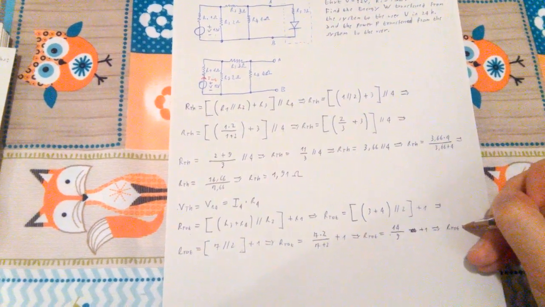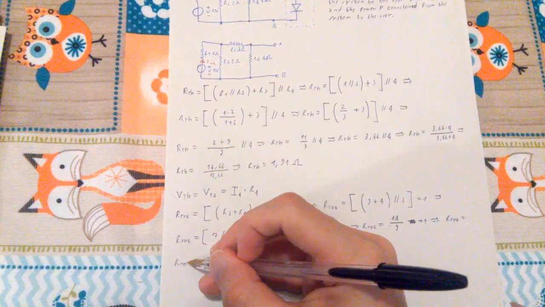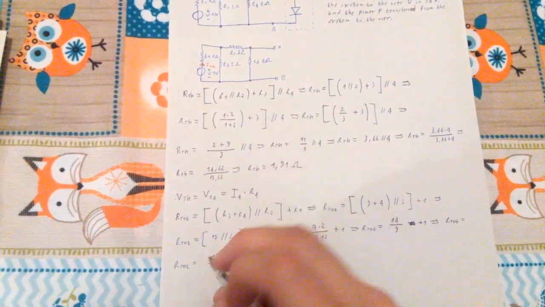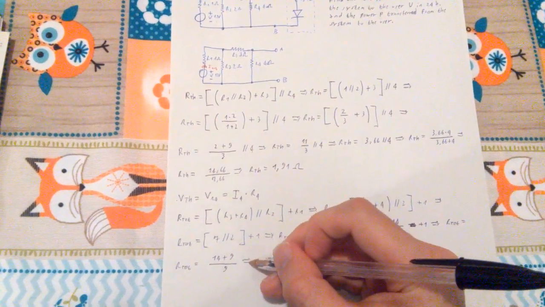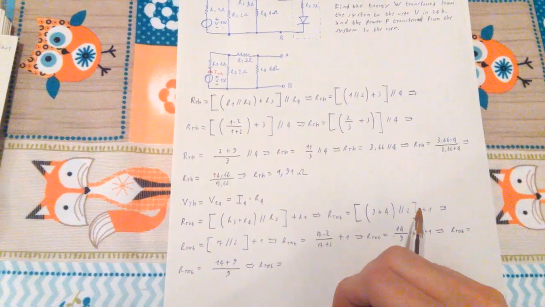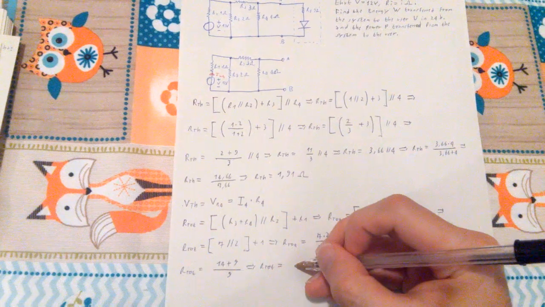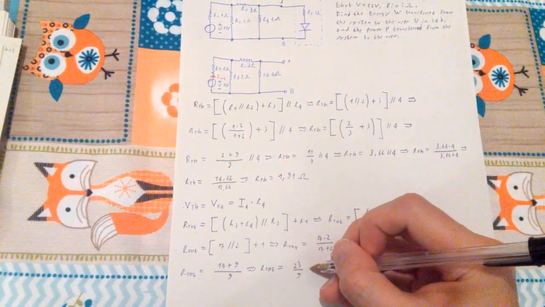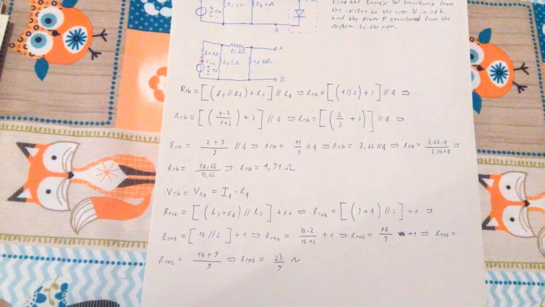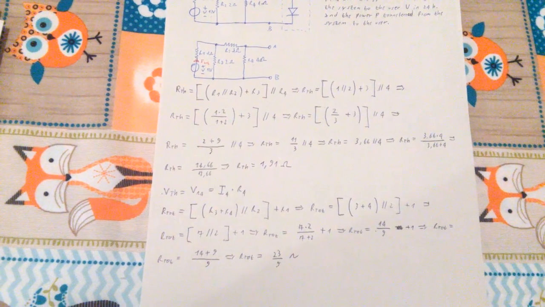So our total is 14 over 9 plus 1, which is 23 over 9. 23 over 9 is about 2.55.